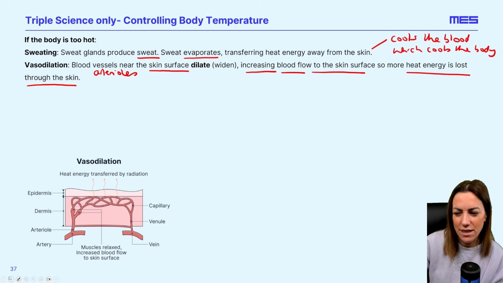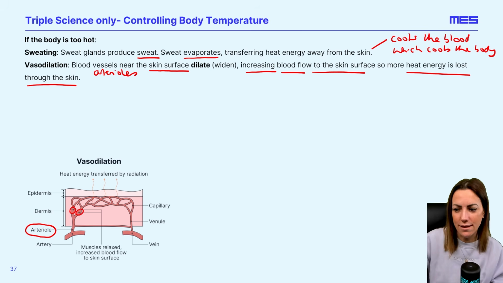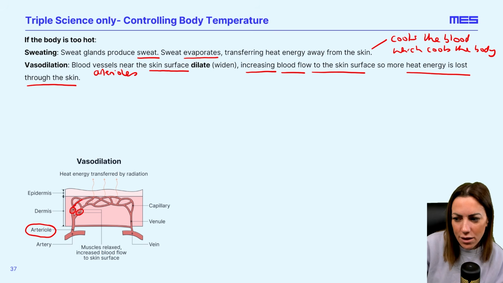Let me show you this on a diagram. So we've got here an artery. Now, an artery branches into a smaller arteriole, which is kind of just like a mini artery. And these mini arteries, if you like, will dilate or become wider. That's what that means. The lumen widens. So if they get wider, more blood can flow close to your skin surface.